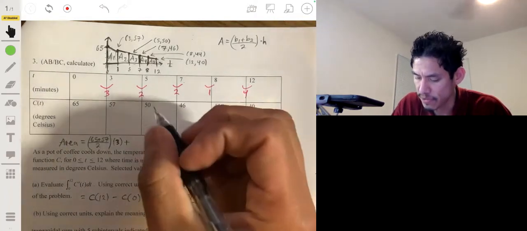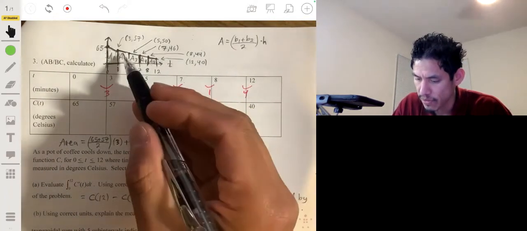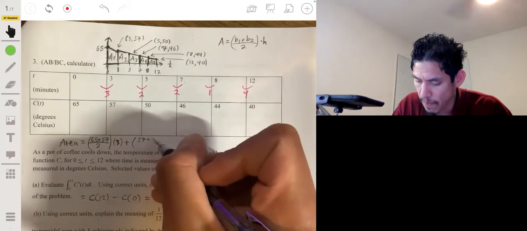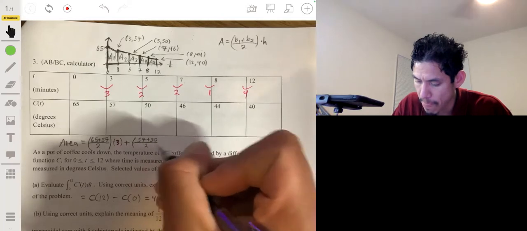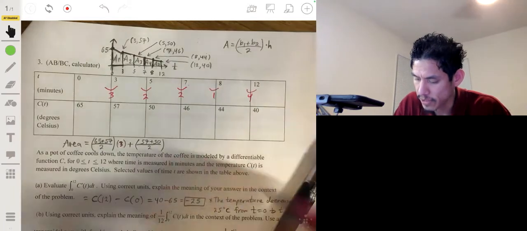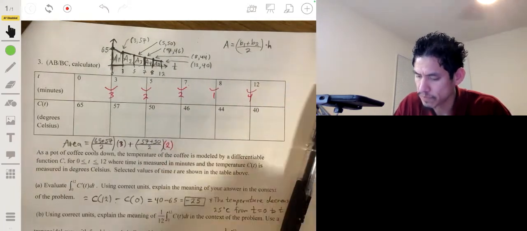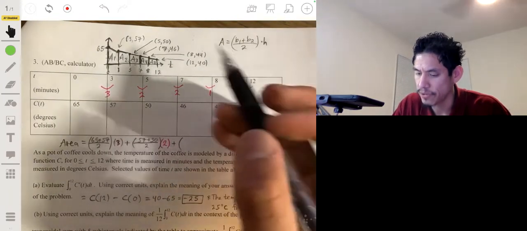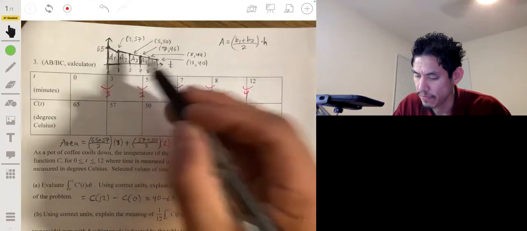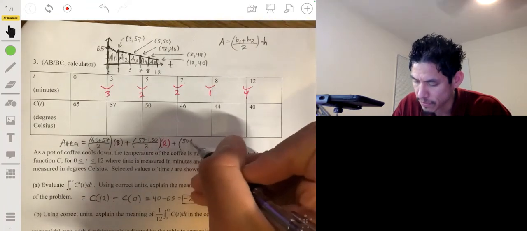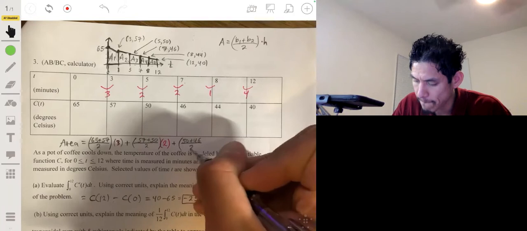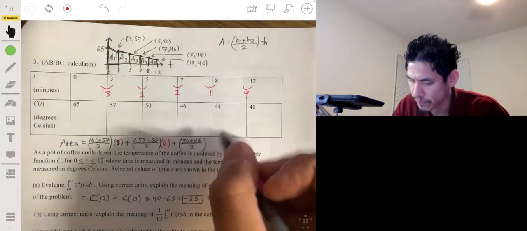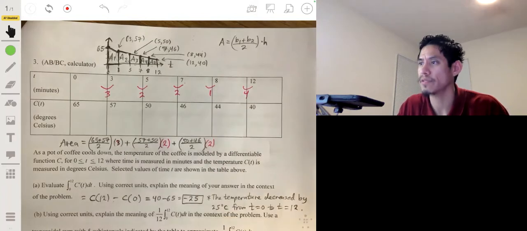And so setting this all up, it's going to look like this. 57 and 50 times 2. A3 will be 50 plus 46 over 2 times 2.